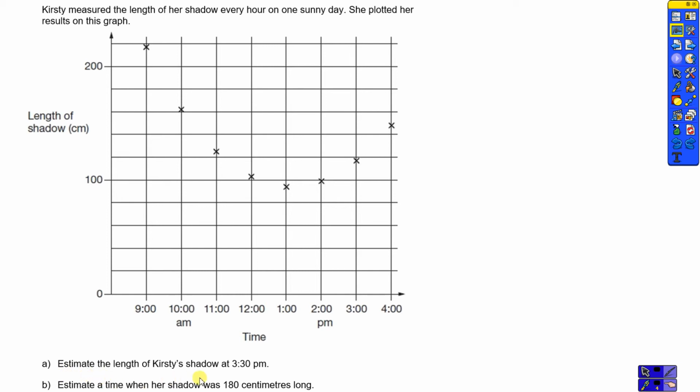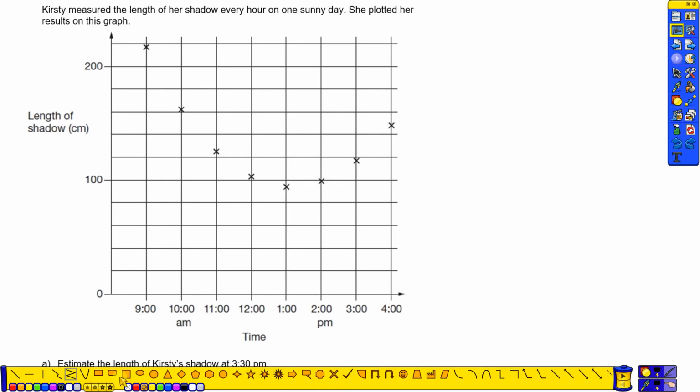Now estimate a time when her shadow was 180 centimetres long. So we need to find 180. So remember, each square is 20, we've worked out. So 100, 120, 140, 160, 180 is going to be here.